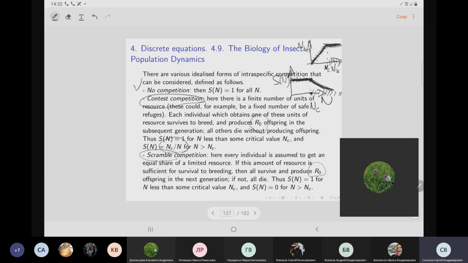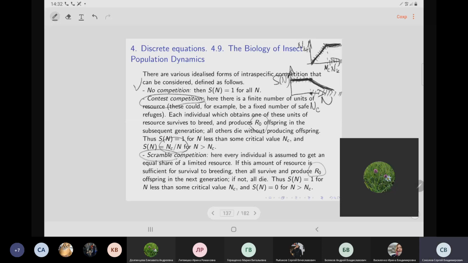So far, the clever solution means that we have to pick some part of the population that will survive, and we have to share the resources with this part of the population. Otherwise, all the population will die.